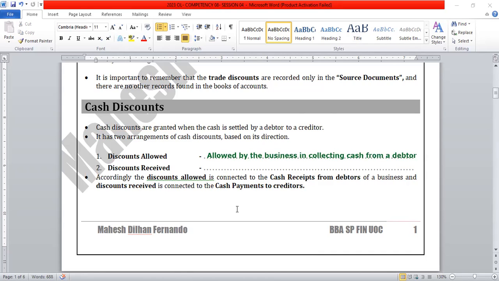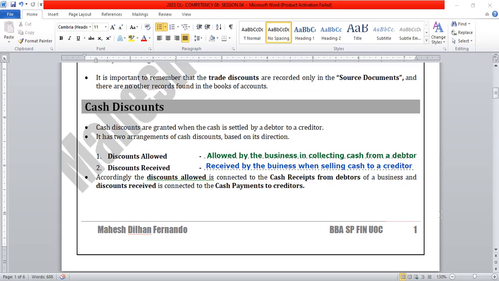What is a discount received? Listen a little, son. Discounts received is a discount received by the business when settling cash to a creditor.